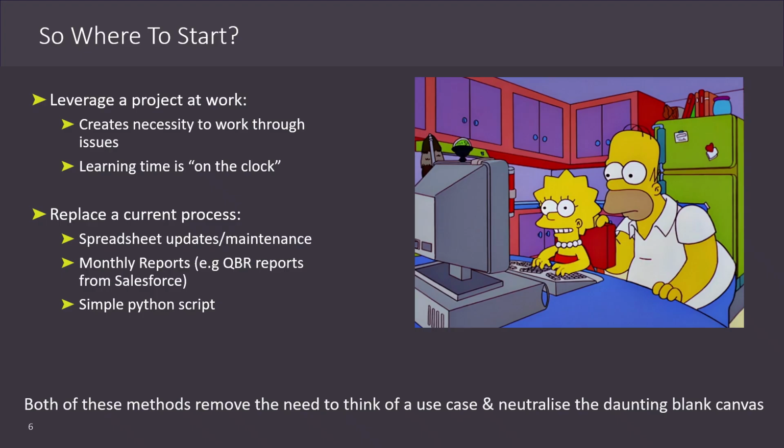So just a final summary point that ties these two together. That daunting blank canvas feeling that can sometimes deter people gets neutralized a little bit if you have these type of purposes to pick up FME.